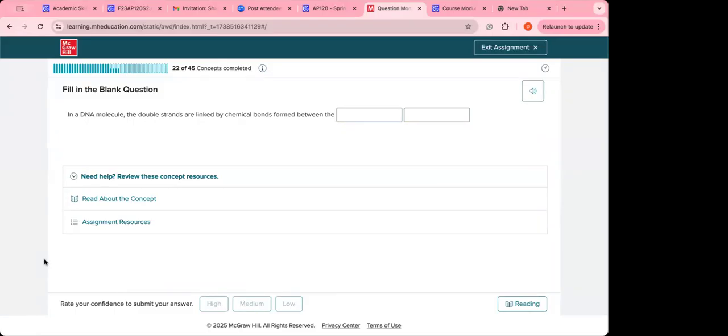They don't have an "and the", so maybe they want nitrogenous bases.